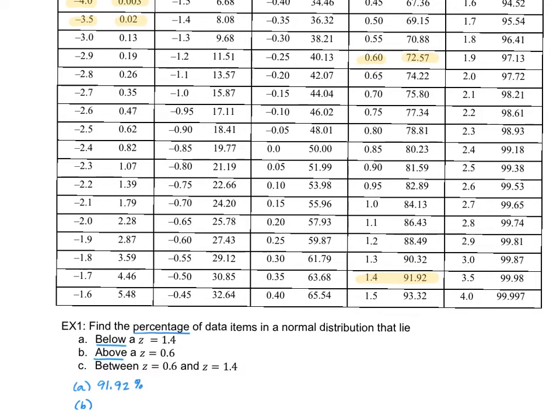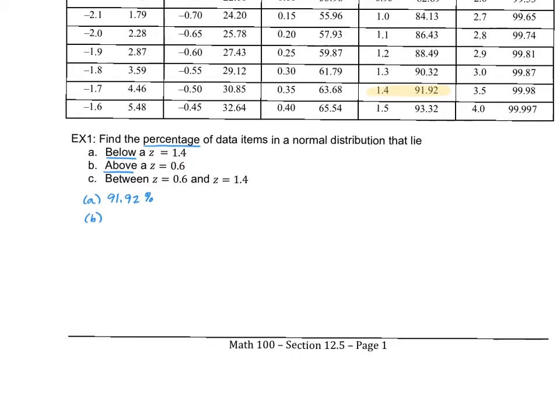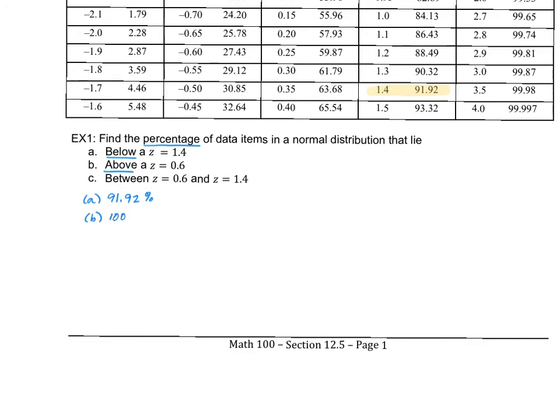We want above. When we're dealing with percents, we're always dealing with 100%. So if all of our data items are represented by 100%, and this corresponding percentile of 72.57 is the percent below, that means if I take away 72.57%, what remains must be the percent above.